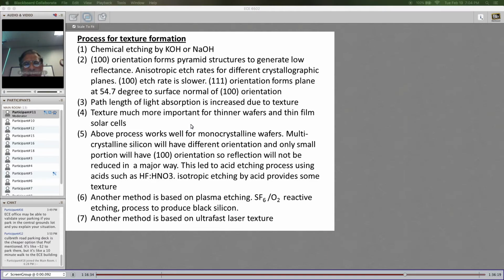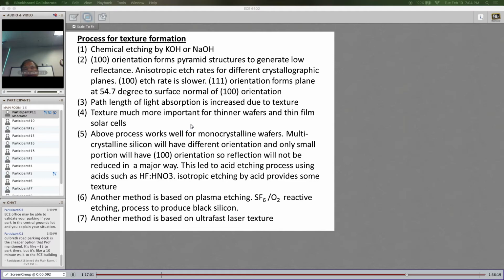Now, people use monocrystalline, a single crystal wafer, but then a lot of people use multicrystalline silicon also. The method we talked about is applicable if you have single crystal, because you have 1, 0, 0 orientation and you create the 1, 1, 1 plane. But if you have multicrystalline silicon, how do you deal with it?